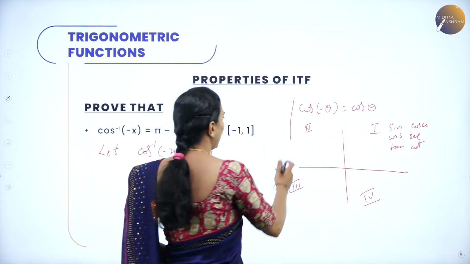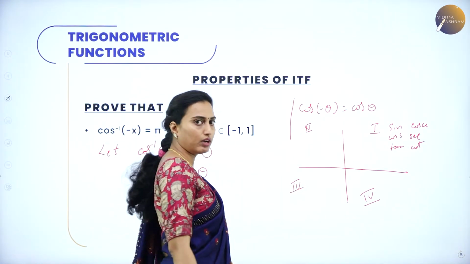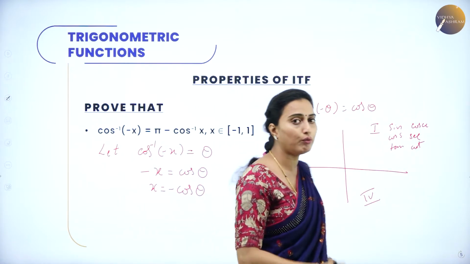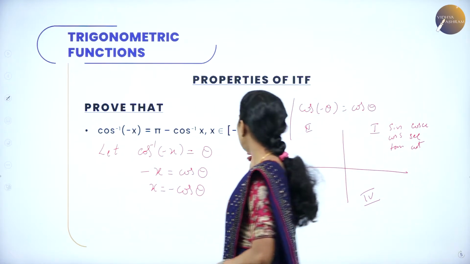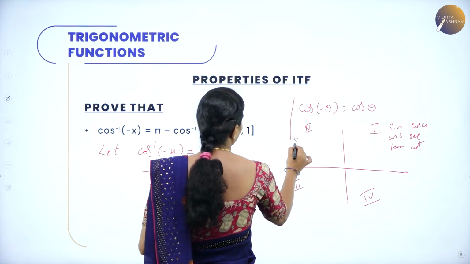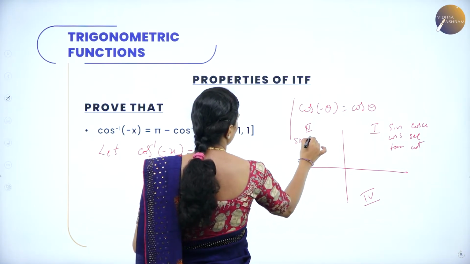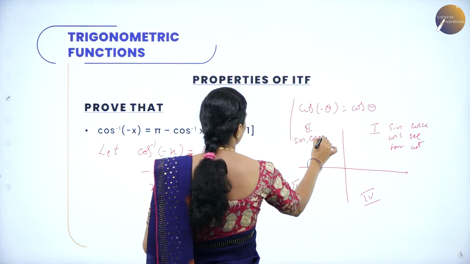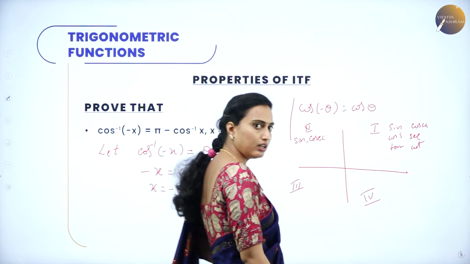And in the second quadrant, what will be positive and what will be negative? Sine will be negative, and the inverse of sine, cosecant, also will be negative, isn't it?